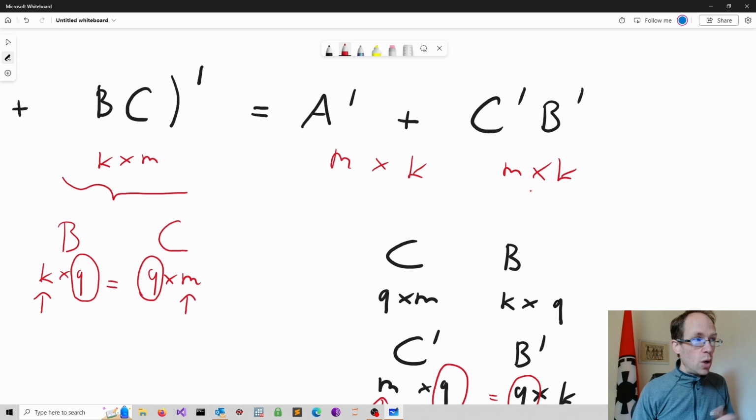So now we know how to take the transpose of a sum. We simply take the transpose of each term of a sum. And if we encounter a product, we have to switch the position and apply the transpose, as we can see in the equation above.